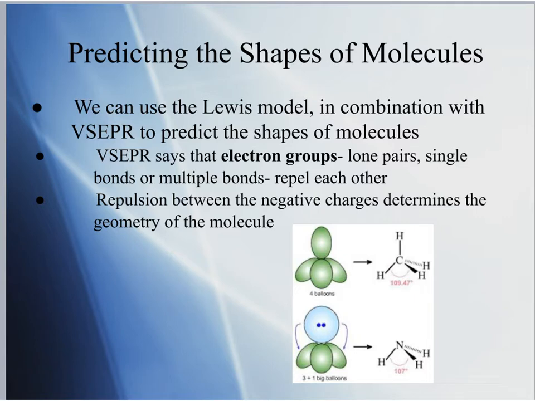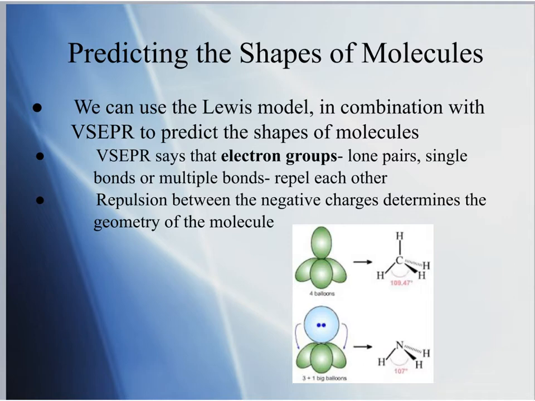So we can use those Lewis dot structures that we've been learning how to draw in combination with a concept called VSEPR, V-S-E-P-R. Chemists just pronounce it VSEPR. Anyways, we can use the Lewis dot structure and VSEPR to predict the shapes of molecules.